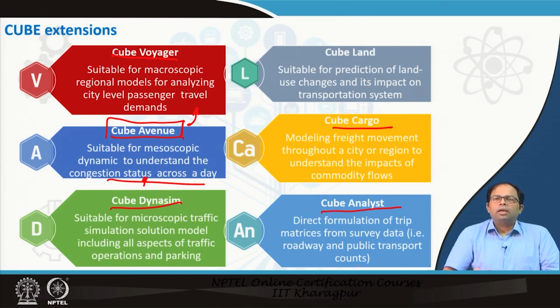So if we already have a travel diary survey done maybe a couple of years earlier and we have developed the models, and now we want to update the model and all, then we can always do surveys of the different road stretches, then put those data sets in Cube Analyst, and Cube Analyst will help us to match this survey data and build the actual trip generation, trip distribution, all the different components as well. So from the results we can actually build the actual model directly. I will explain that in detail later.